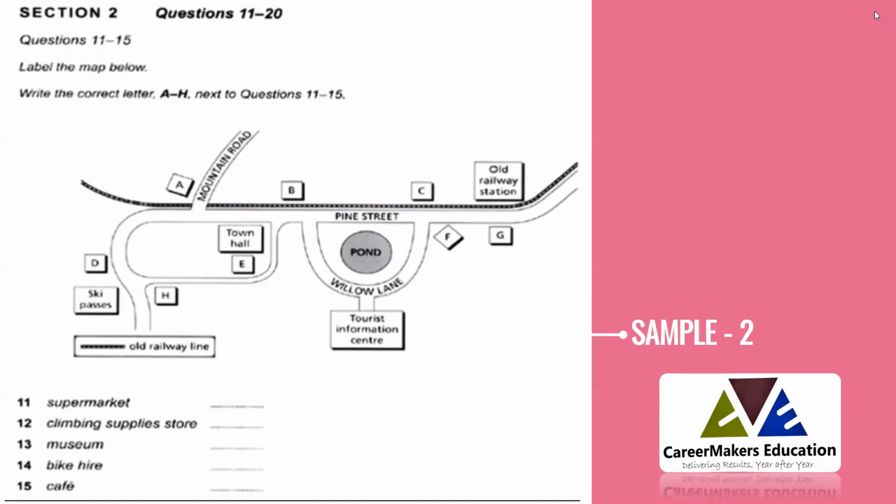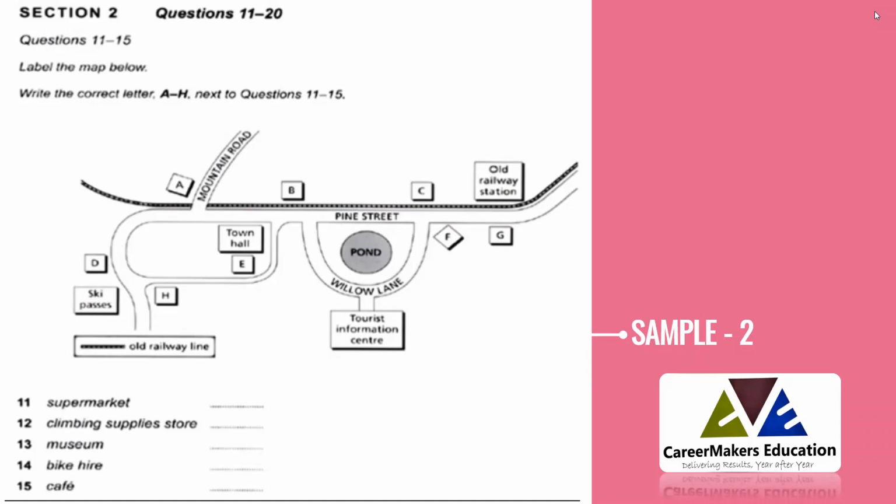So, we're here in the Tourist Information Center, and when you come out of the center, you're on Willow Lane, just opposite the pond. If you want to get to the supermarket for your supplies of food and water, go right. That's the quickest way, and then turn right at the top of Willow Lane, and it's the second building you come to, opposite the old railway station.